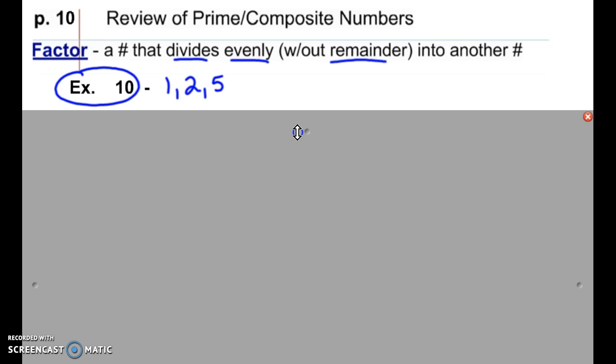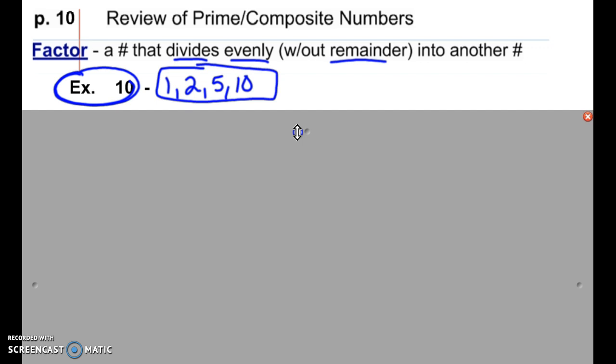It goes twice. And then finally, 10 is a factor of 10 because 10 divides into 10 one time. Pause your video and make sure you have this example written down and the factors of 10.